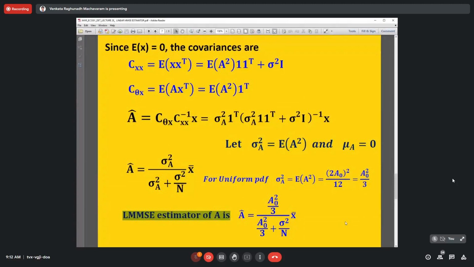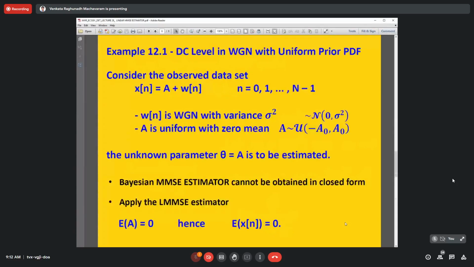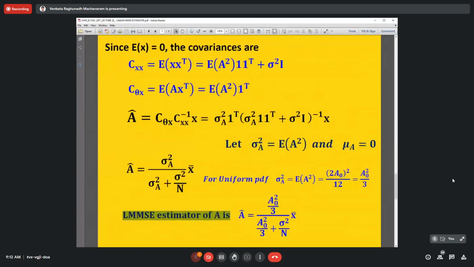So if you understand this example carefully, it is so simple to implement your demodulators. They are nothing but estimators. And these mathematical equations which you saw here are converting into simple computations of additions and multiplications. So your algorithm will use these values, computed a priori, because A naught is known a priori.